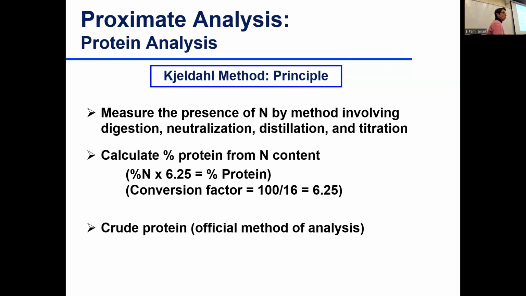Which amino acids potentially might cause differences in nitrogen content? All amino acids have an amino group and a carboxyl group, but some amino acids have more amine groups. What are they? Do you remember?